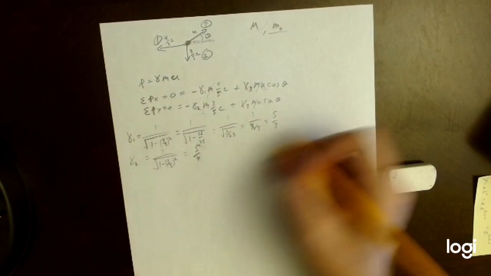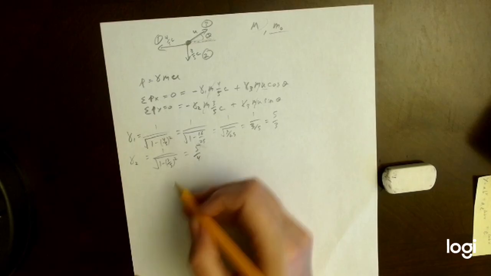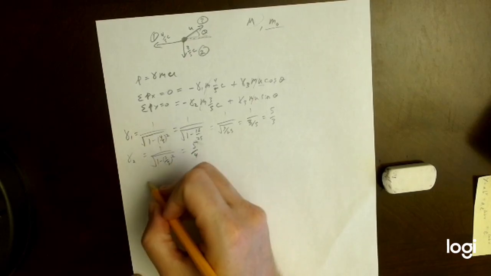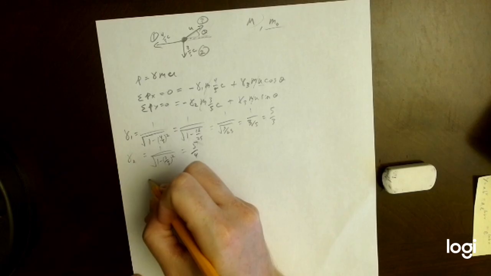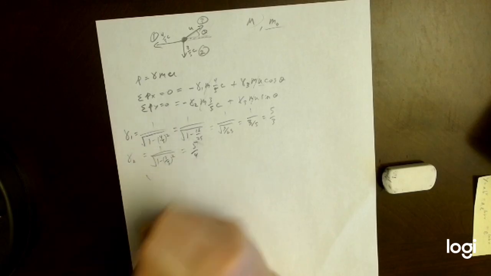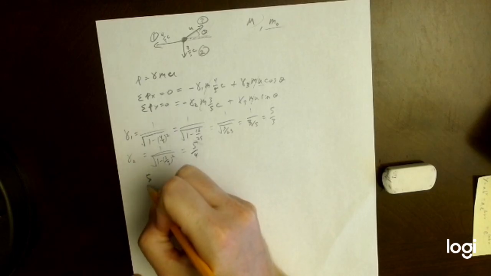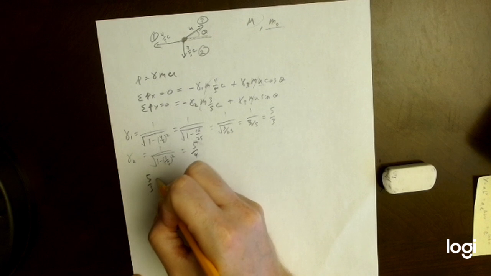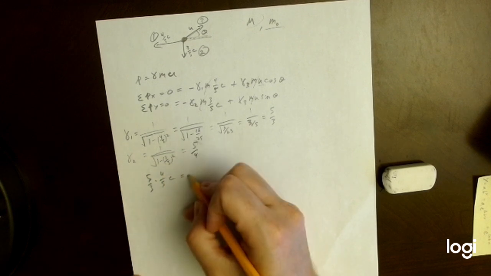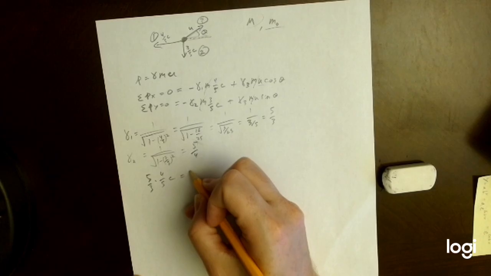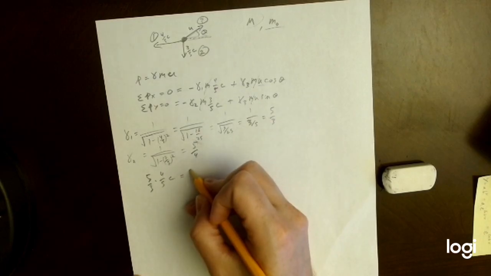Okay, so now let me do the x equation again. Let's put it down here. We have gamma 1, which is 5/3 times 4/5 c, is equal to gamma 3, which we don't know, but I'll write it at times u.